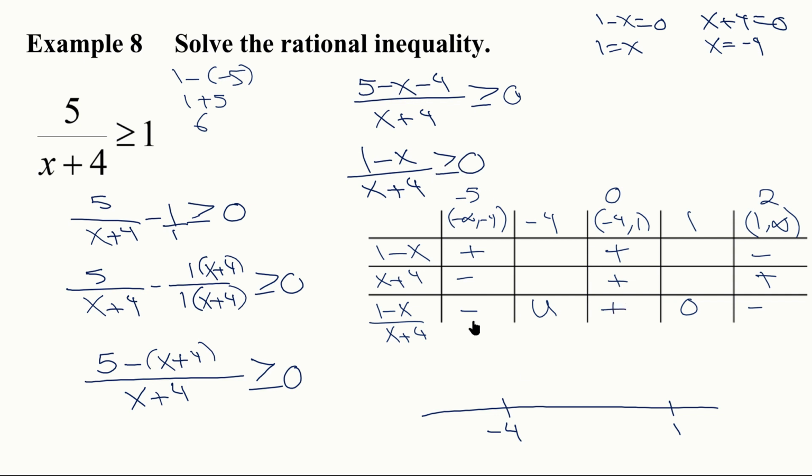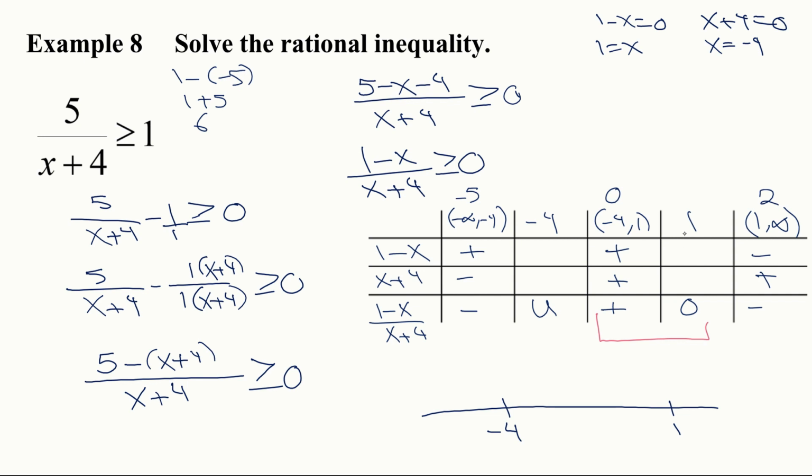So this is out, that's out completely, because there it's undefined. So the only zone of interest for us is going to be where? Right there, right? So it's going to be all numbers from negative 4 to 1, right inclusive.